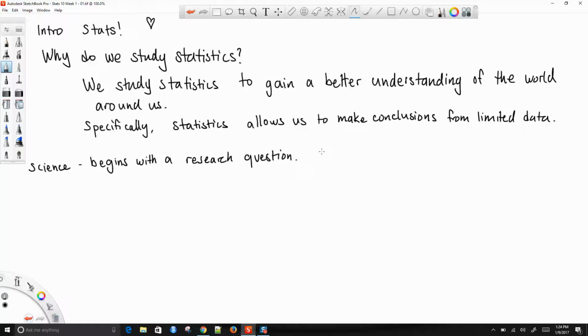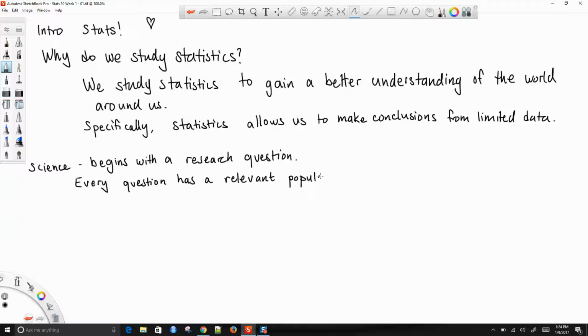And anytime you have a research question, an important part to understand is who the relevant population is for that question. So every question has a relevant population.